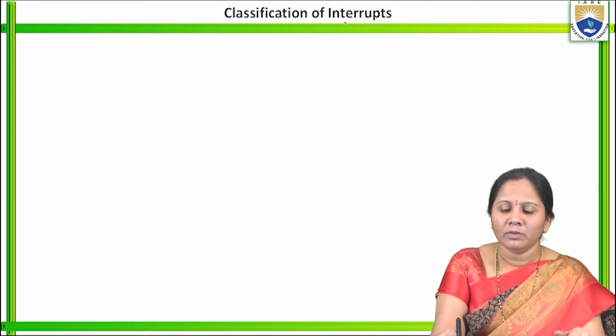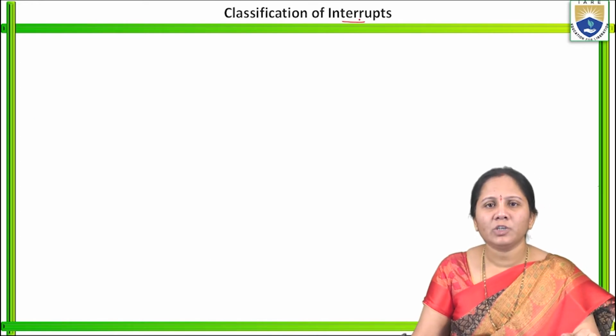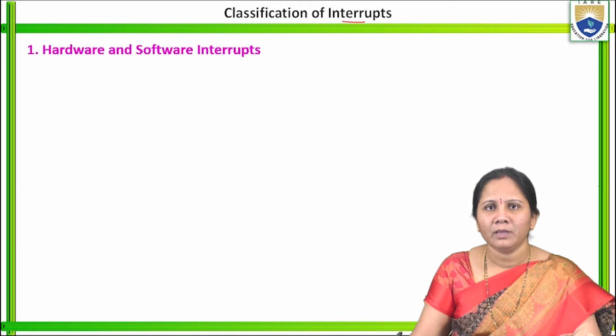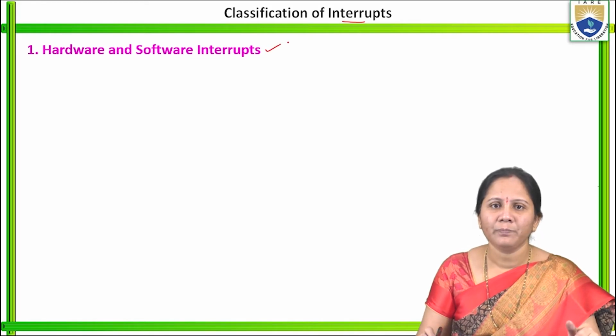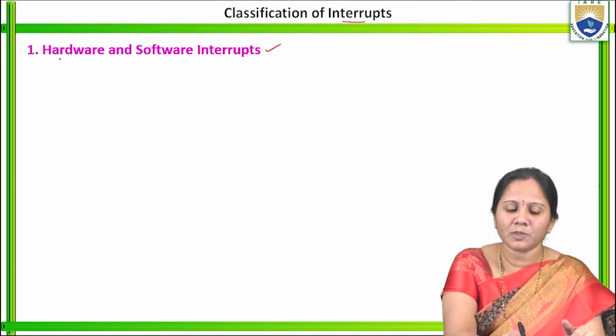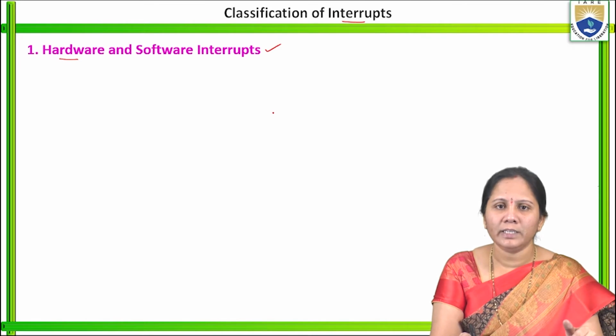And now here we will see classification of interrupts. So interrupts are classified into hardware and software interrupts. So here hardware interrupts are also called as external interrupts.